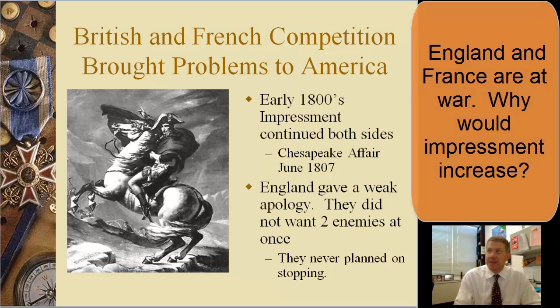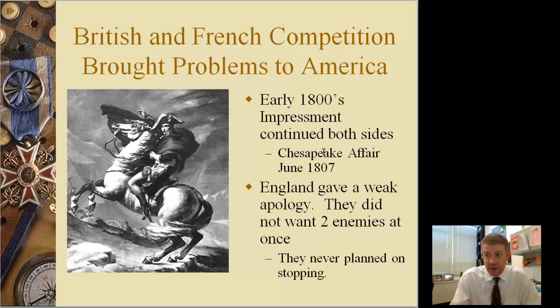When England and France continue to have a war, when their war is heightened, that directly impacts the United States because impressment increases. And what I have here, the Chesapeake affair, which is not in your vocab, is a good example of just how far impressment was going.